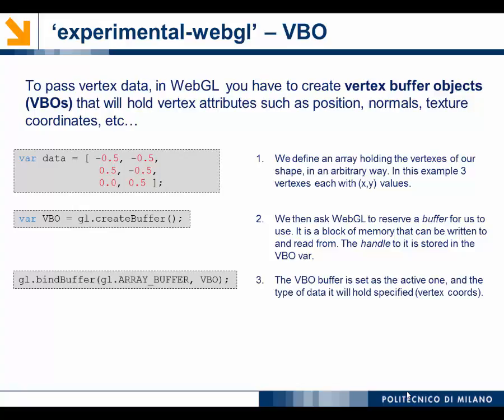Since we are in a state machine, at this point I have to tell WebGL that I want to operate on that buffer now, and so I bind it. It becomes the active buffer. Any subsequent call regarding buffers will happen on the one which is active, the one that I bound right now.